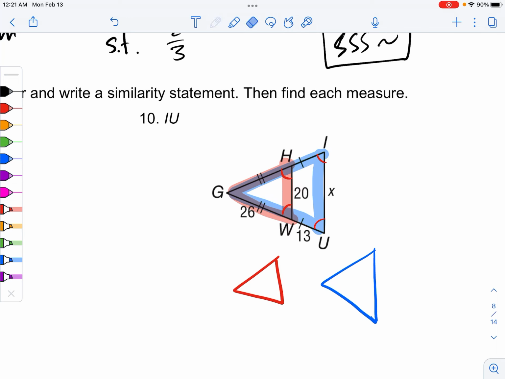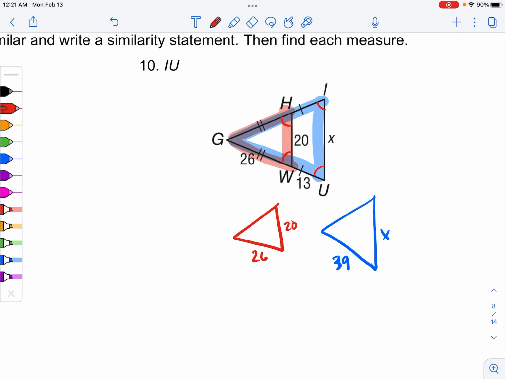So be careful with this type of problem too. It's a triangle within a triangle. We have to consider, oh, it's actually a combination of two pieces.